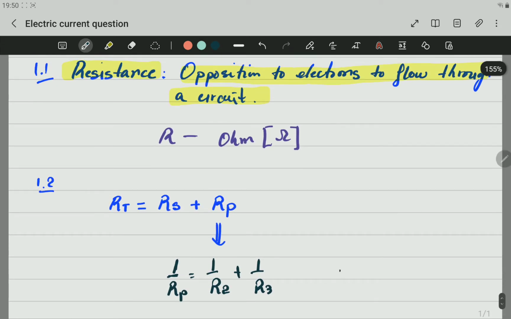The other option is to say that R parallel is equal to the product of R2 and R3 divided by the sum of R2 plus R3. But you must be careful with this one because we can only use it for 2 resistors.